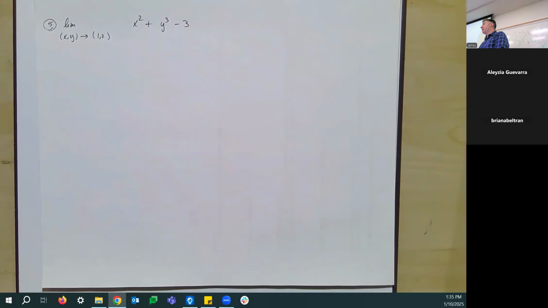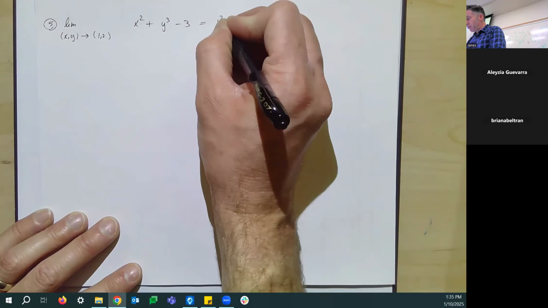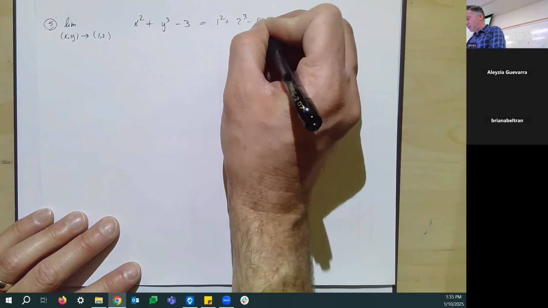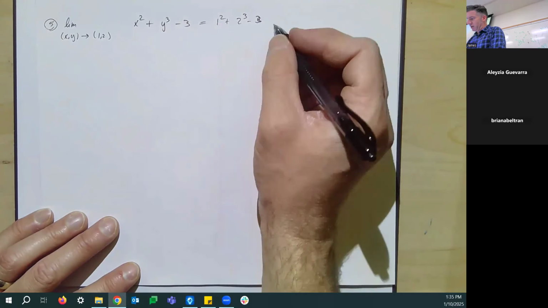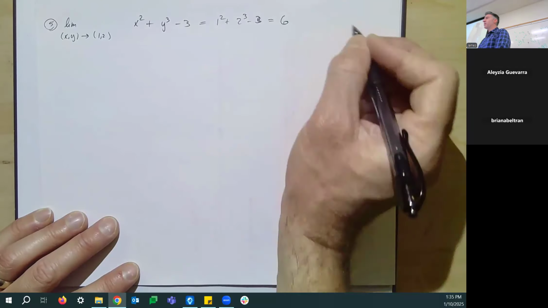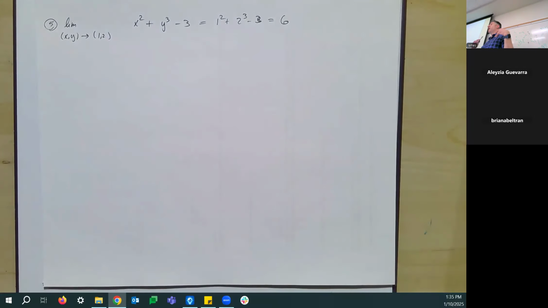We can just plug in 1 for x and 2 for y and see whatever value we get. In this case, it's going to be 1 squared plus 2 cubed minus 3, which is 1 plus 8 minus 3, which is 6. And that's it. Just like with 17a, if you can plug in the values that x and y are approaching and get a real response, you're good to go.